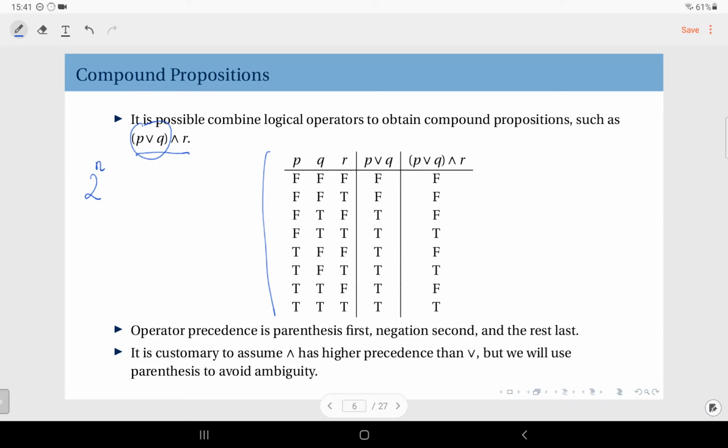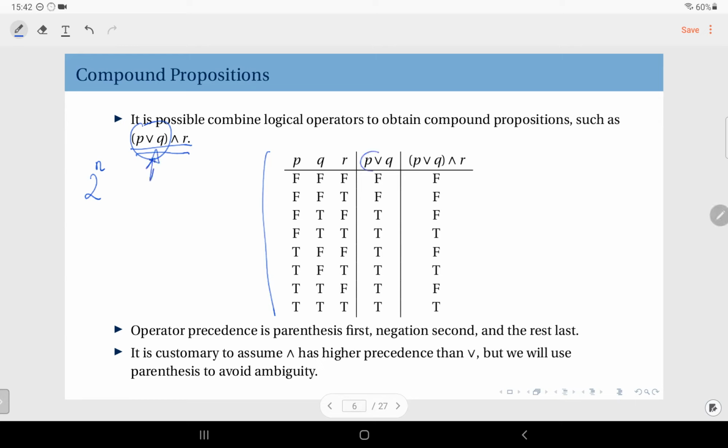Now here, since we have 3 inputs, P, Q, and R, or you can see P, Q, and R as just propositions that make up this compound proposition, or variables. Since we have 3 of them, 2 to the power 3, we have 8 possible combinations here. Now, as I said, you look at the parentheses first.